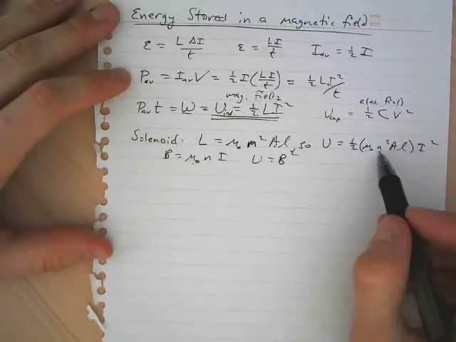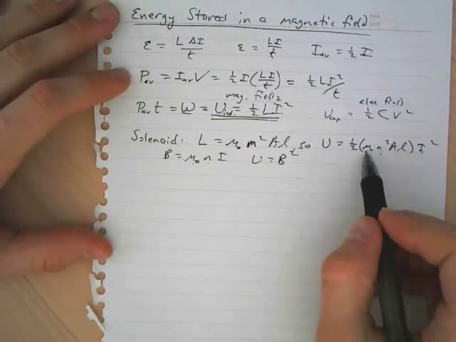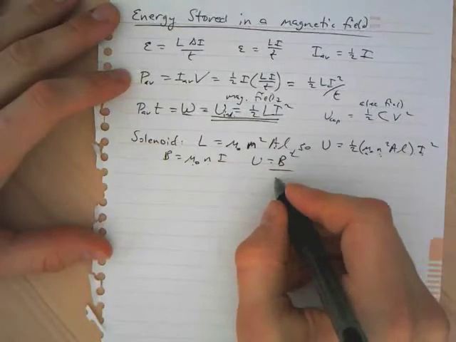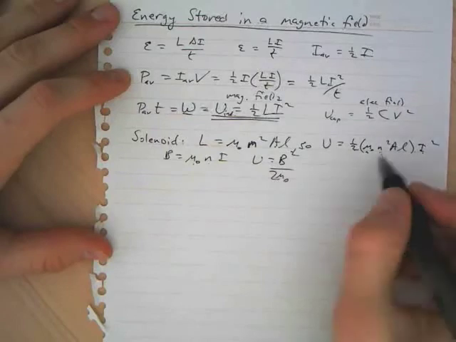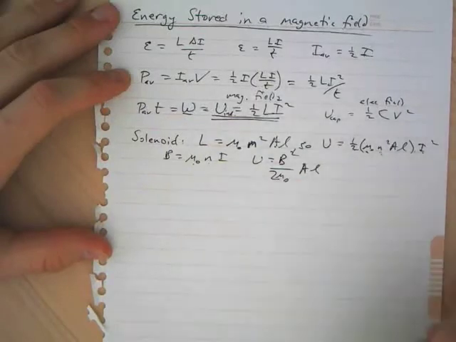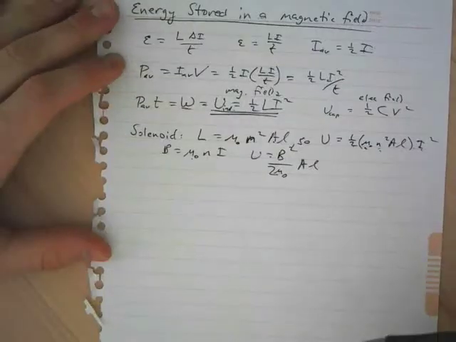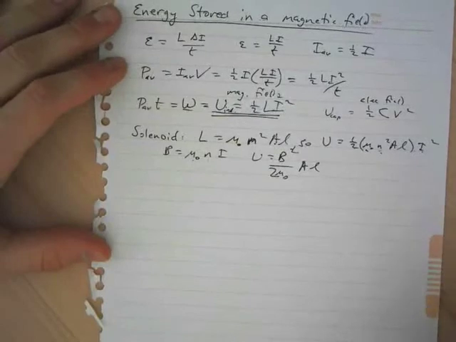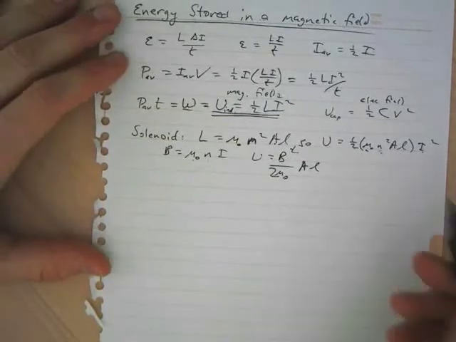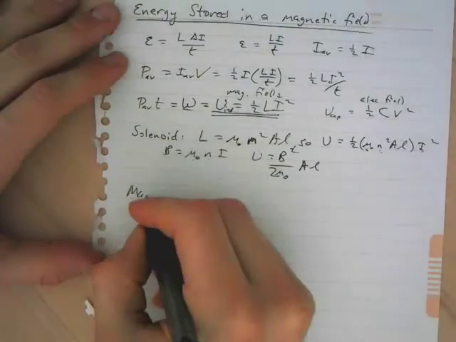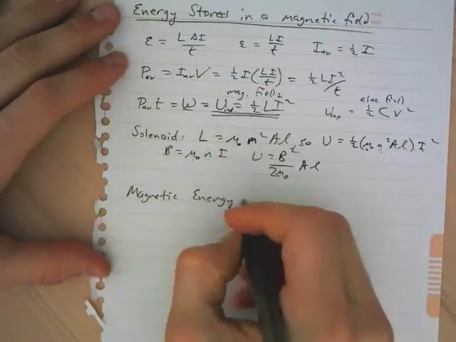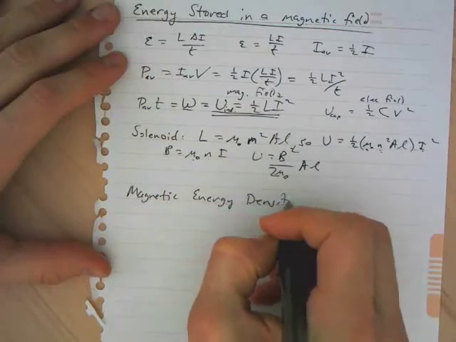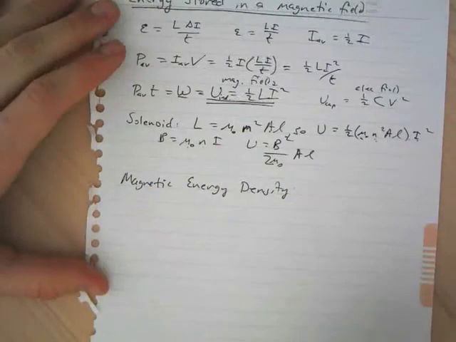So the n squared I squared matches, but this is just mu naught, which means we have to have a mu naught in our denominator, and then the half, and then we have area times length. And the cross-sectional area times length is just volume. So the magnetic energy density simplifies very nicely, just like our electric field density did.